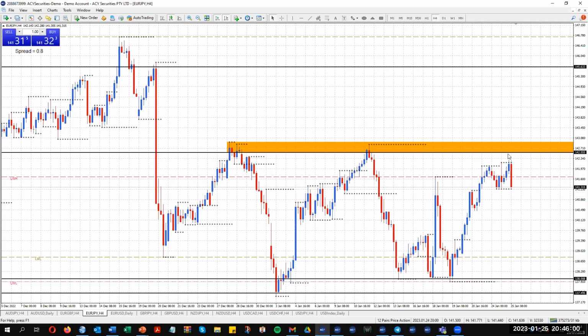Now, we haven't been able to get up to these highs, and what's starting to form here is 4-hour structure that we can't move above. Now, if you're thinking that we may be forming some kind of structure here that could hold, double top, triple top.